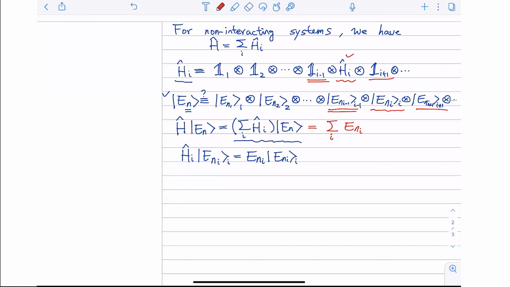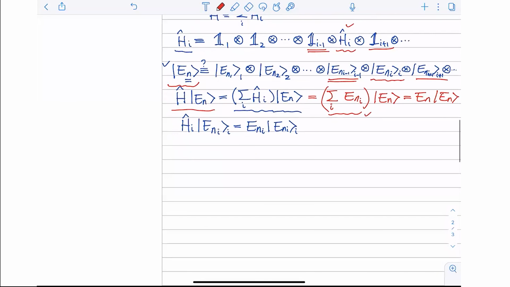Therefore, when we apply this operator to this total eigenvector, we basically get the total energy, which is E_n of our system. So indeed, if we construct the state in this fashion, and apply the Hamiltonian H_i on it, it will return the correct single particle energy. And for the non-interacting Hamiltonian, the total Hamiltonian will also give us the correct total energy E_n.